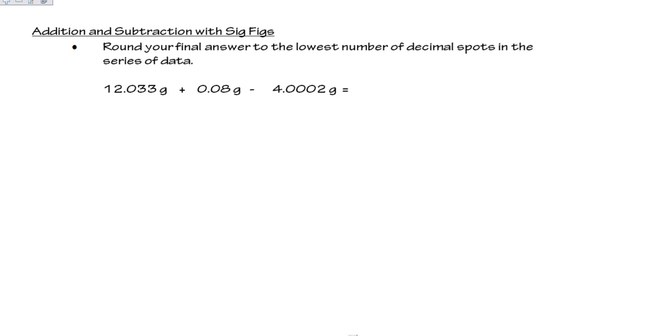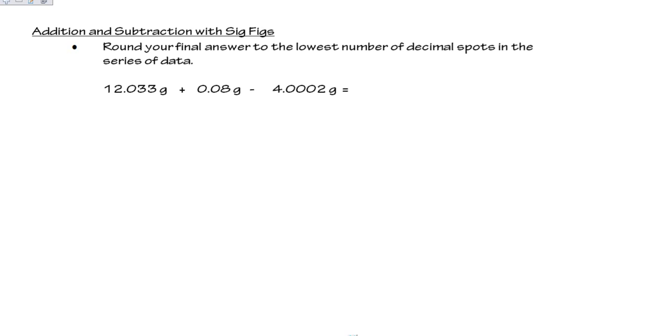These are all masses, or maybe we're subtracting final and initial volumes. Realistically, if I'm adding or subtracting volumes or masses, in the lab I probably used the same measuring tool. So I probably have the same amount of decimal spots in all of my data.